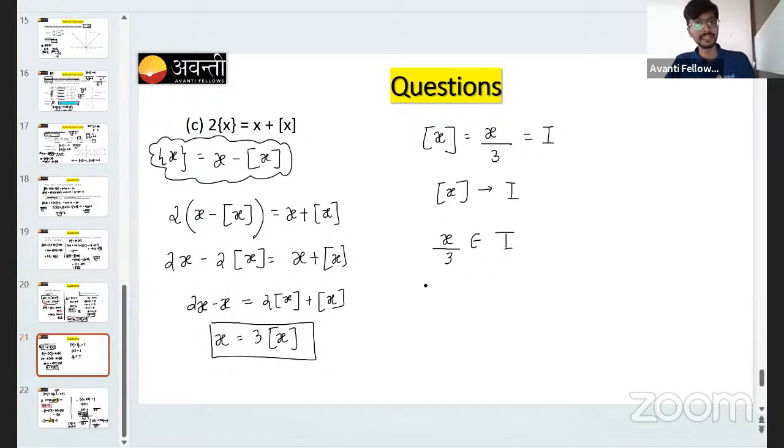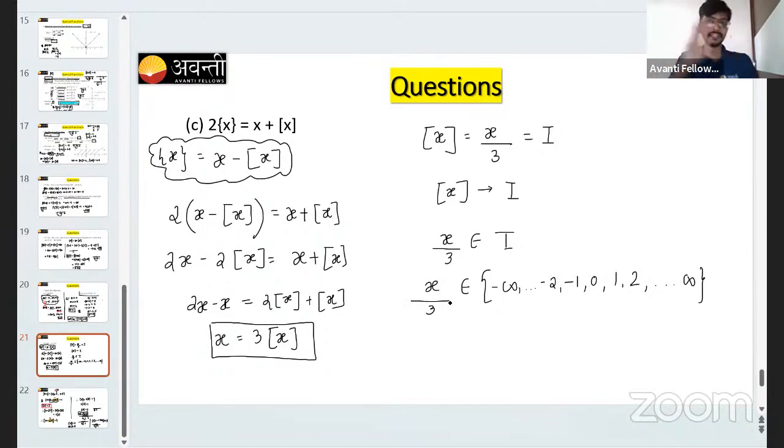And there are infinite integers. So that means I can write x upon 3 can be minus infinity से क्या क्या इंटीजर आएंगे -2 -1 0 1 2 कहाँ तक infinity तक. Okay, so these are all my integers from minus infinity to plus infinity, and x upon 3 should be an integer.